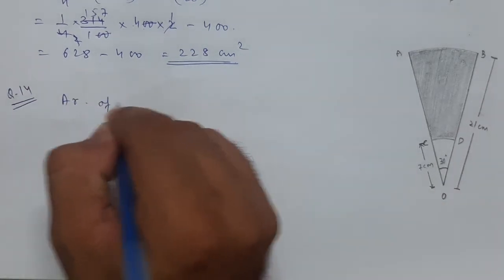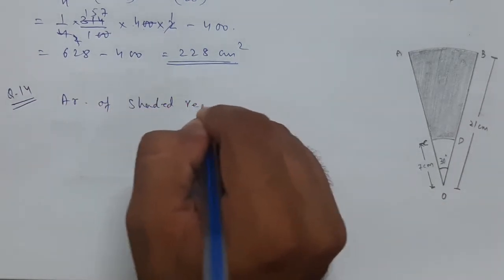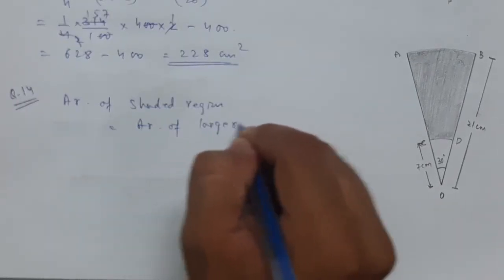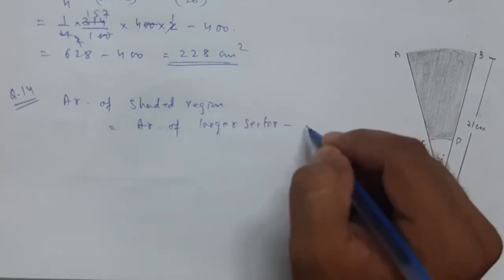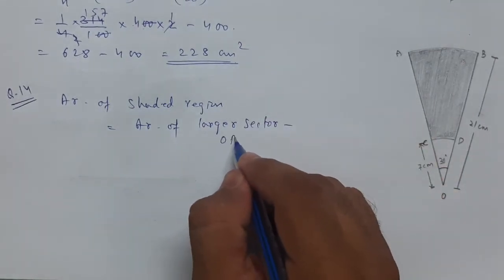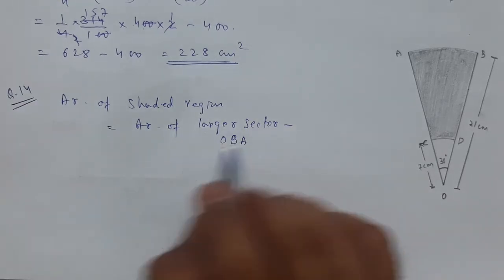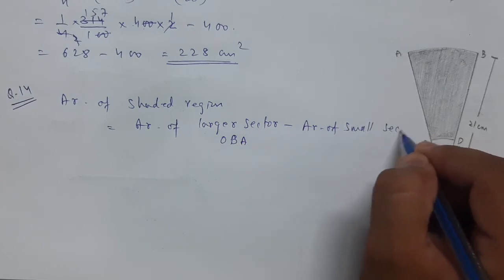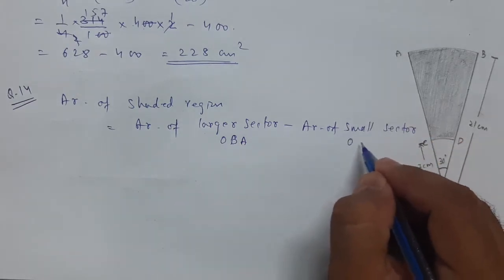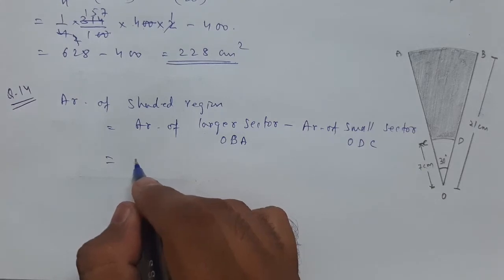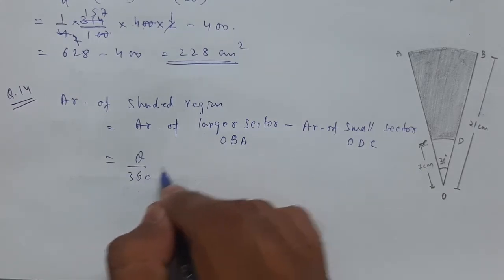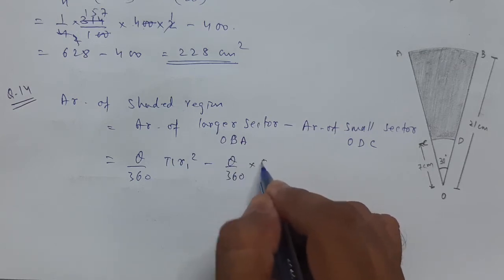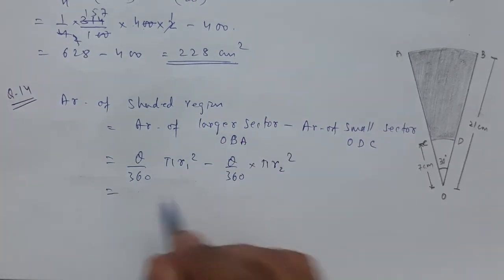So area of shaded region is equal to area of larger sector OBA minus area of smaller sector ODC, that is equal to theta by 360 pi r1 square minus theta by 360 into pi r2 square.